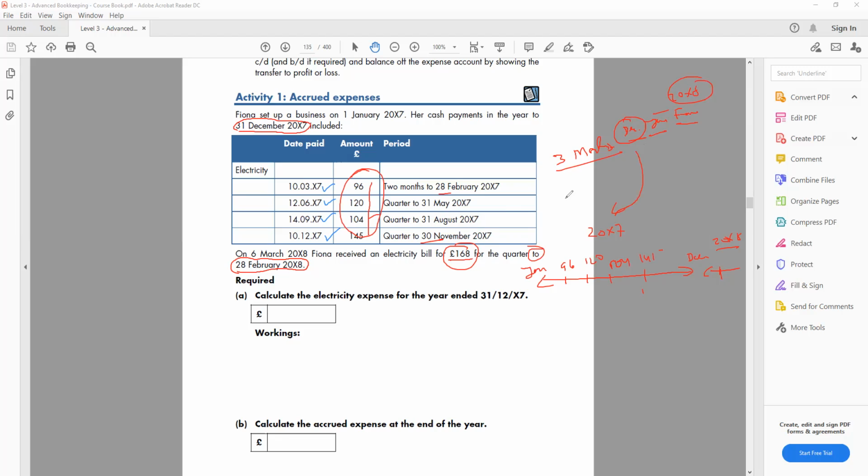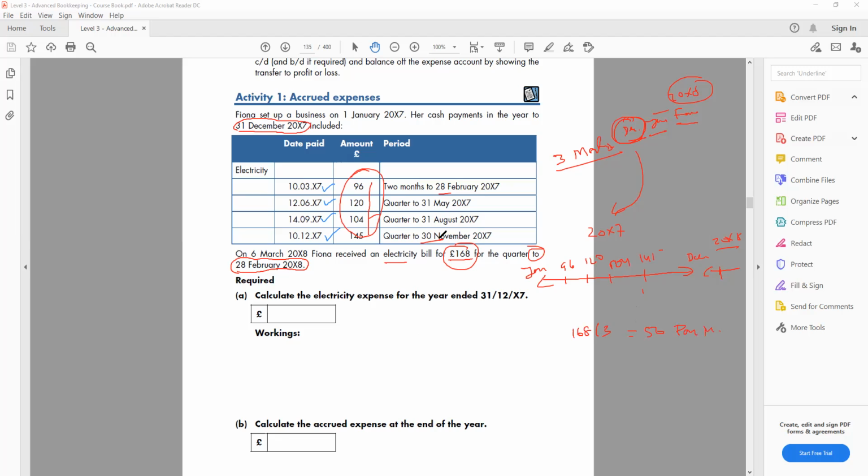So that means the expense for December for electricity, we have to bring back into this year. So let's calculate how much is the total. 168 divided by 3. So how much is it per month here? 168 divided by 3 gives me 56 per month.